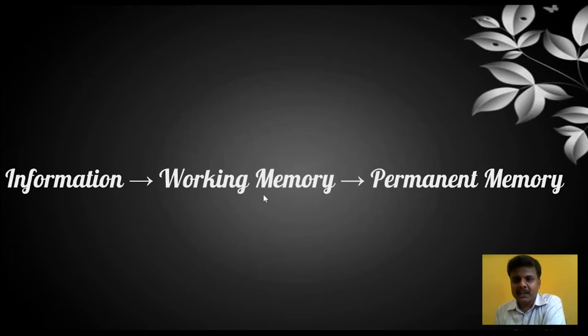Any information initially gets stored in your working memory. Working memory is temporary memory. And then through memory techniques and constant iteration, repetition or practice, I move it from temporary memory to permanent memory. Is everyone clear? Perfect. This is all what you need to know.